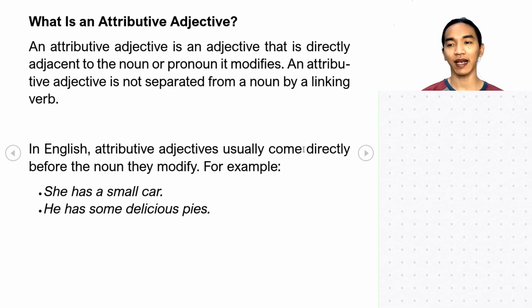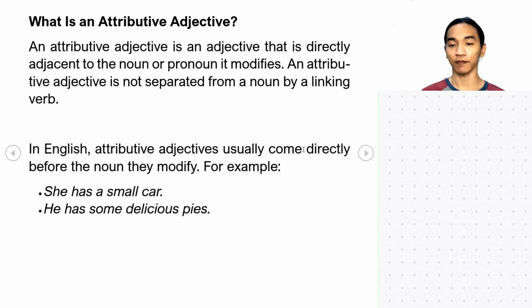Okay, it's directly before. An attributive adjective is not separated from a noun by a linking verb. So please remember that we do not separate them from the noun they modify.